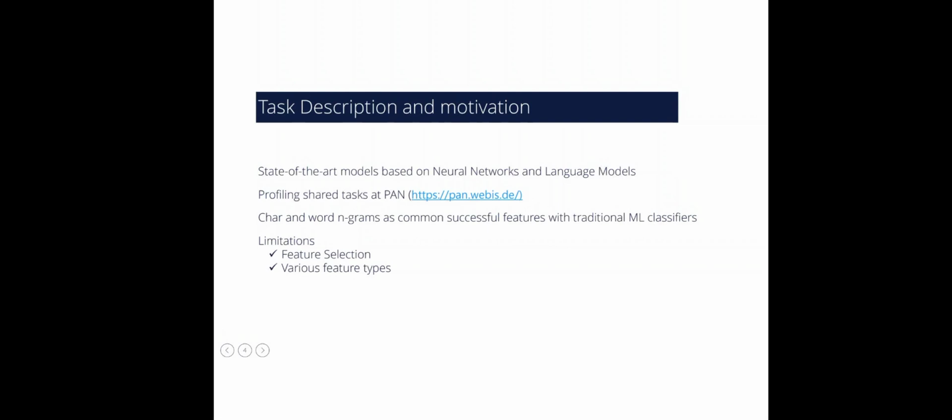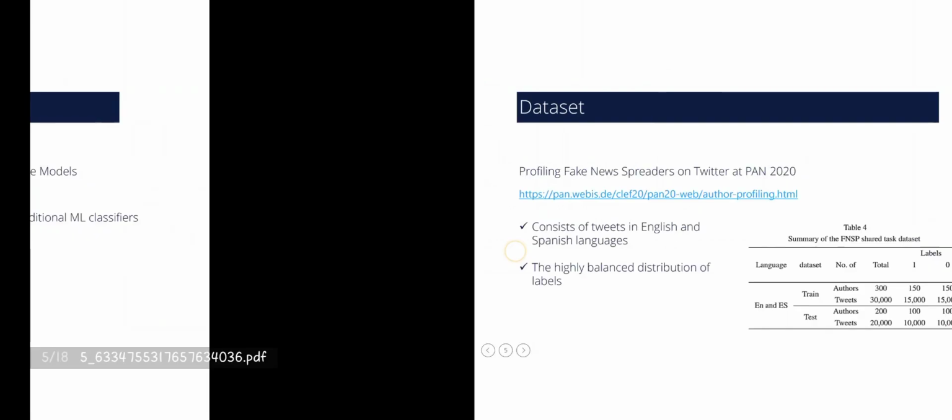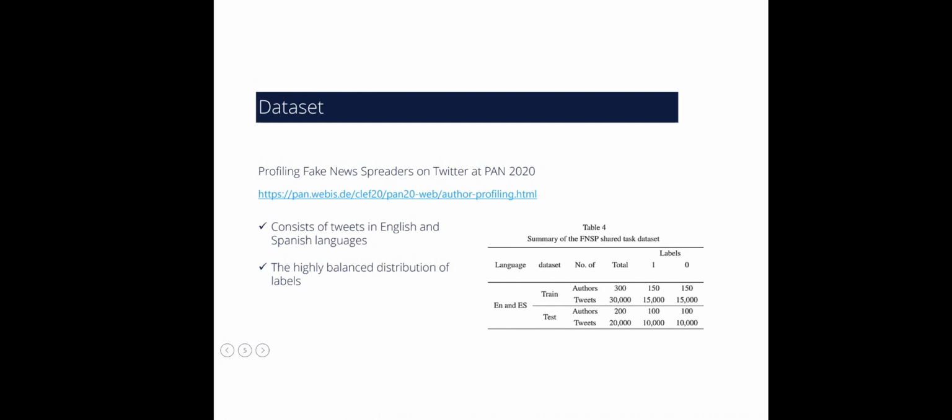About the data set, we are using the data set provided by Profiling Fake News Spreaders on Twitter, the shared task at PAN 2020. I have given the link. It consists of tweets in English and Spanish, and it's highly balanced, as you can see in the table for both languages.